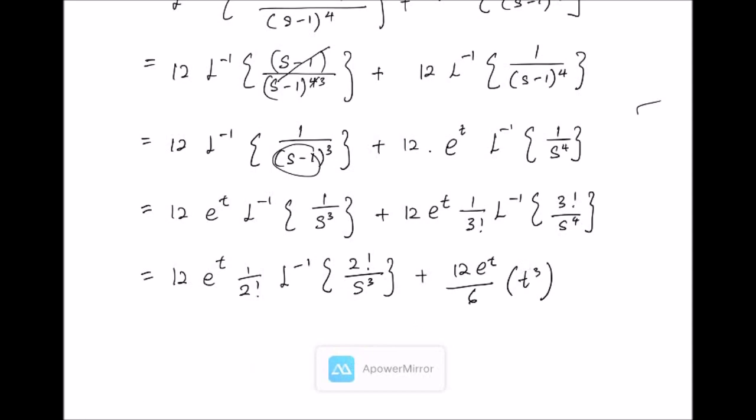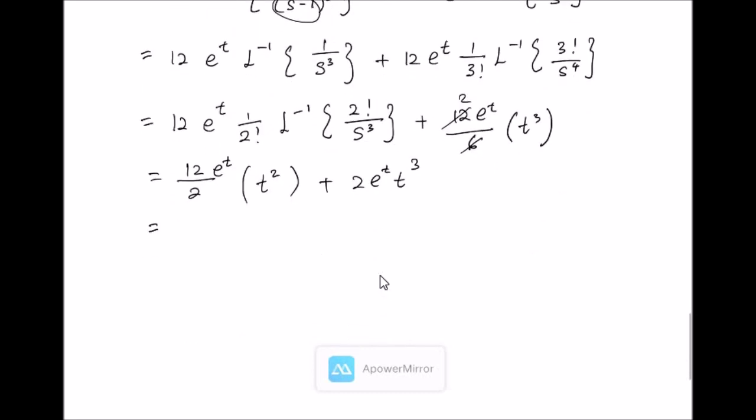Then we simplify it into 12 divided by 2 exponent t, and then this part is t power of 2, plus with this one is 2 exponent t and t power of 3.